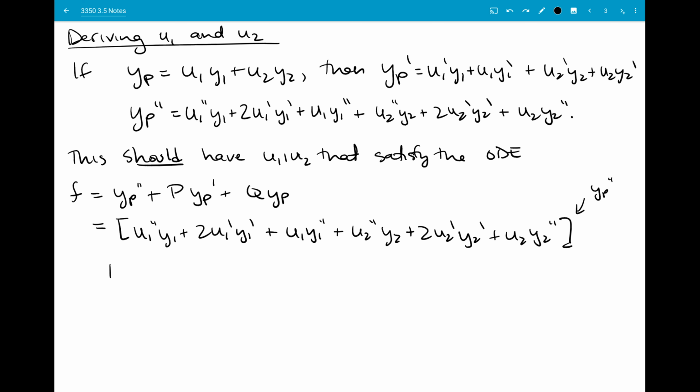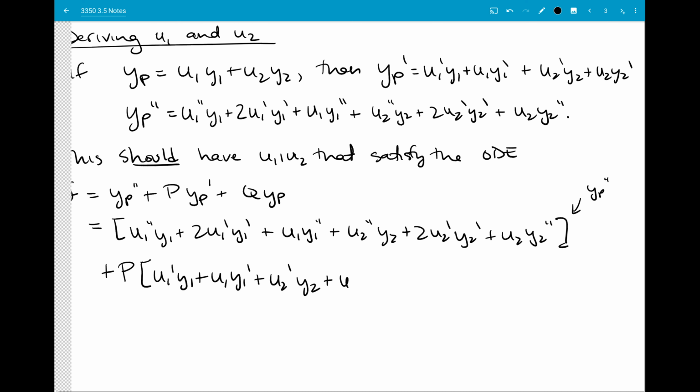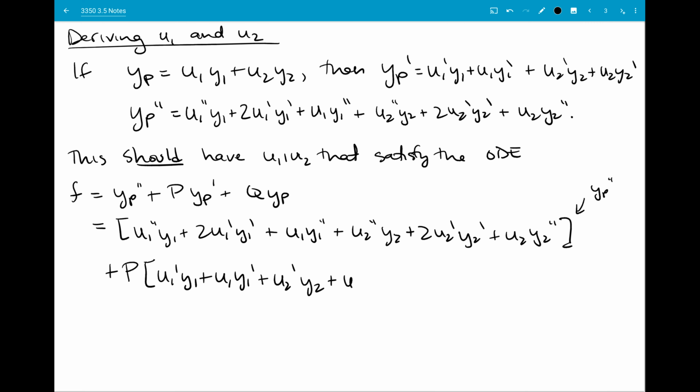Sometimes I wish I had some kind of lasso tool where I could grab an equation and then drag it down. Then p times yp prime was u1 prime y1 plus u1 y1 prime plus u2 prime y2 plus u2 y2 prime. Then plus q times y sub p, q times u1 y1 plus u2 y2.